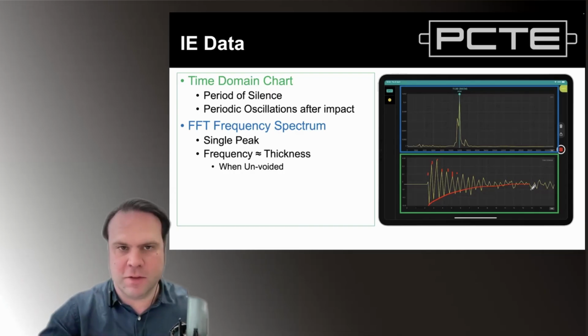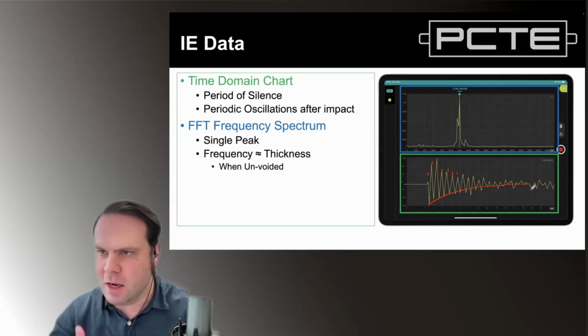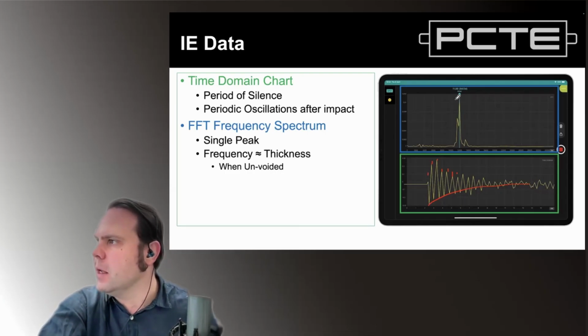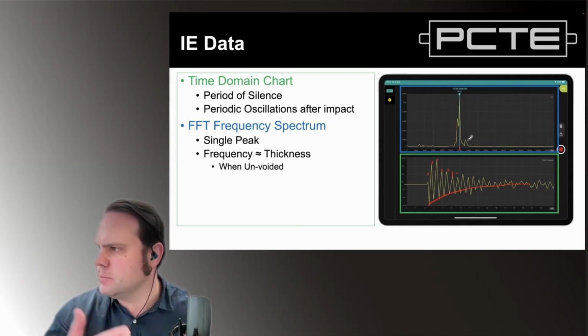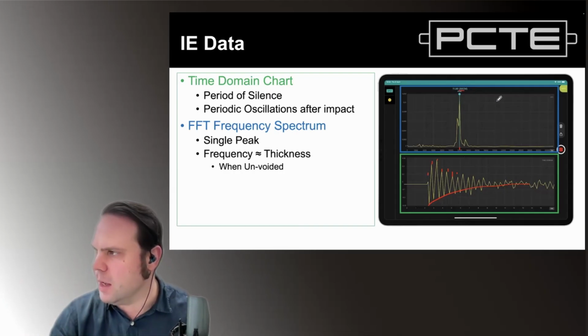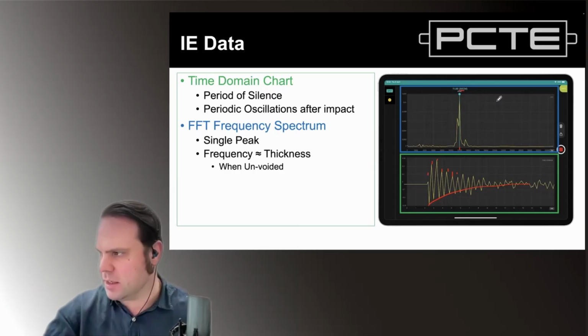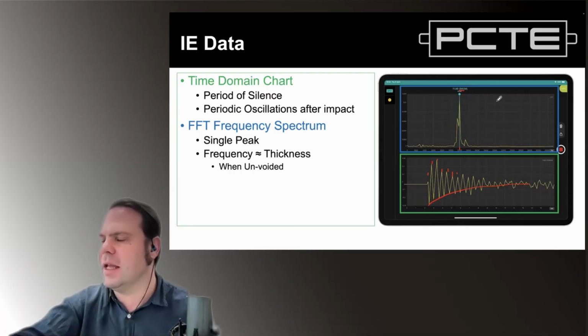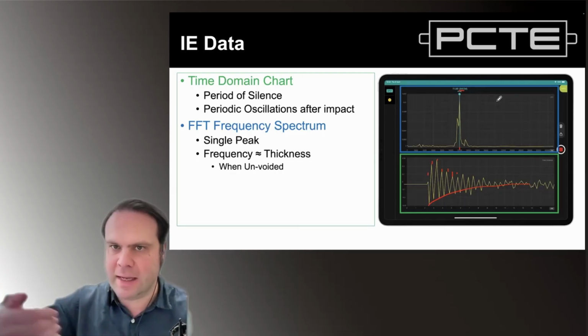And the result of this really clean, really nice sound input is a very clean signal peak. So in this case, we've got a 12,000 hertz frequency relating to a 90 centimeter thickness, essentially a very thin test, and it's so clean that it forms one big clean spike.